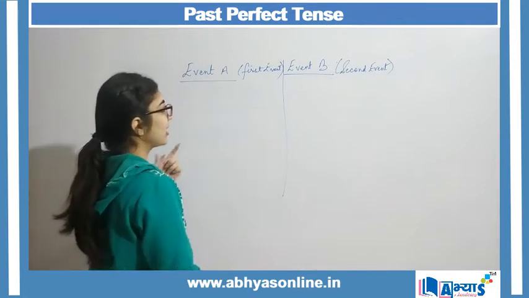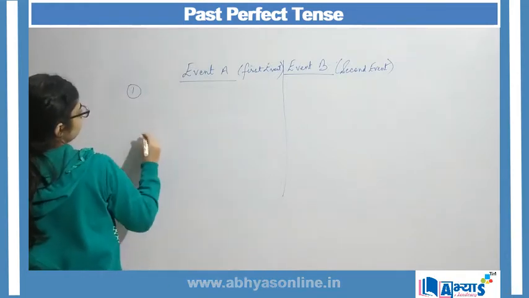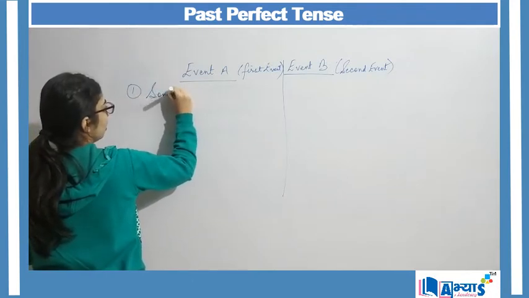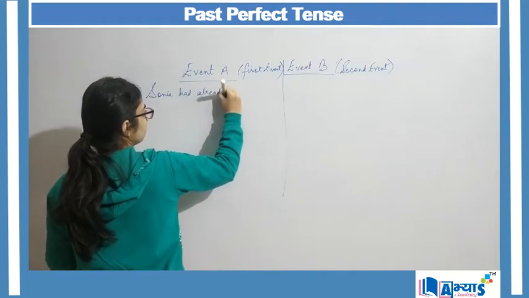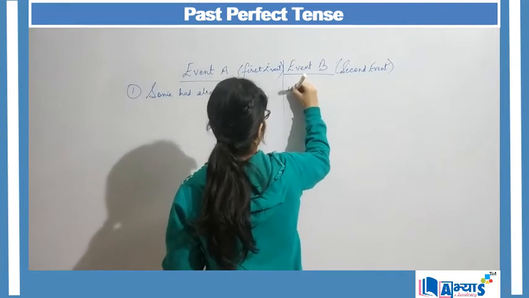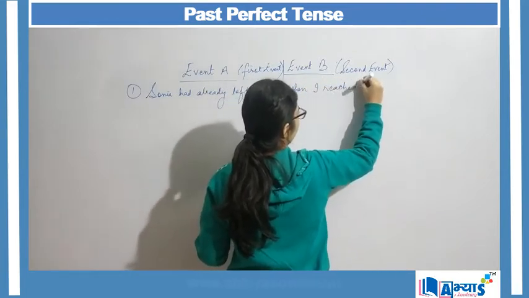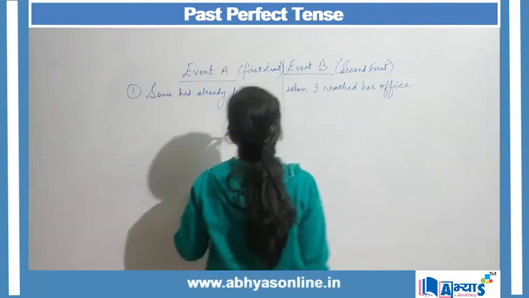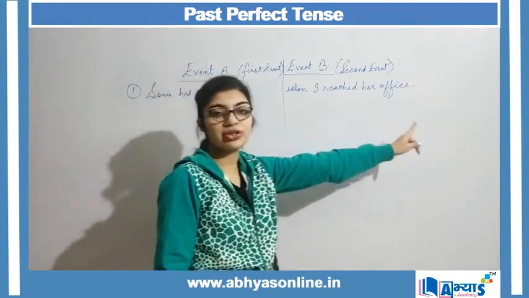Now, an example of this is, like I say, Sonia had already left when I reached her office. Sonia had already left when I reached her office.